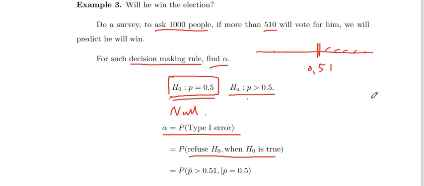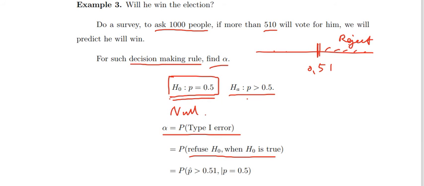So here, when we reject H0, we will believe he will win. We focus on H0. Here we will reject that H0 is half.